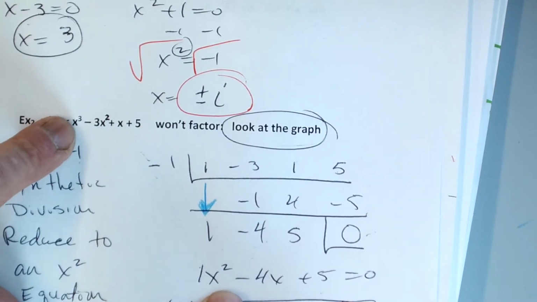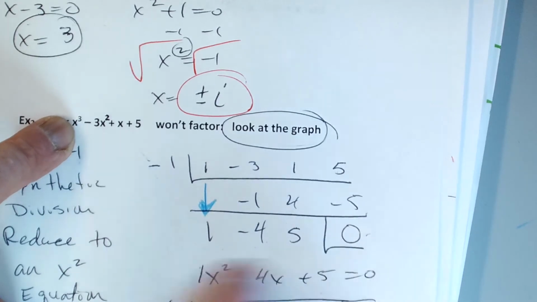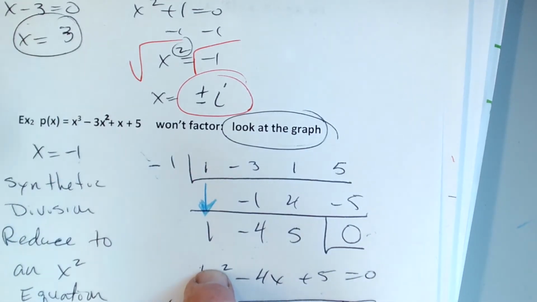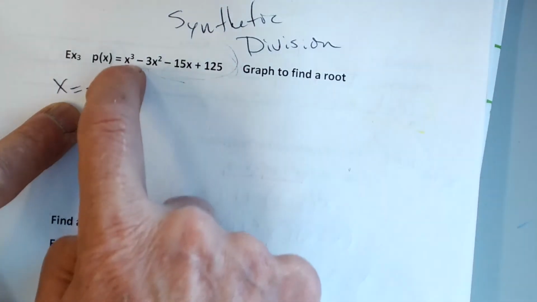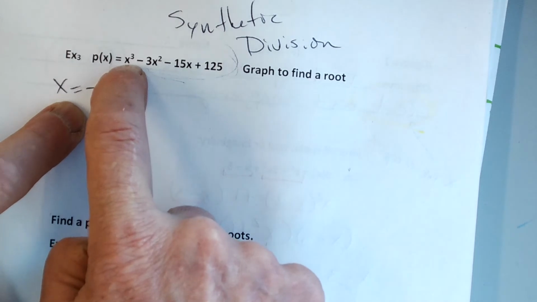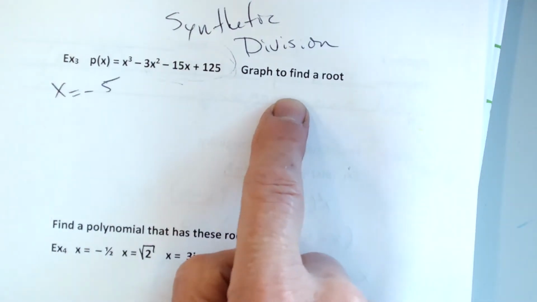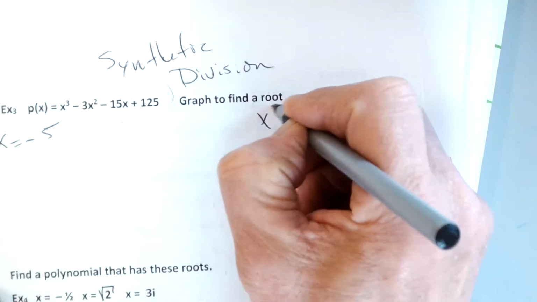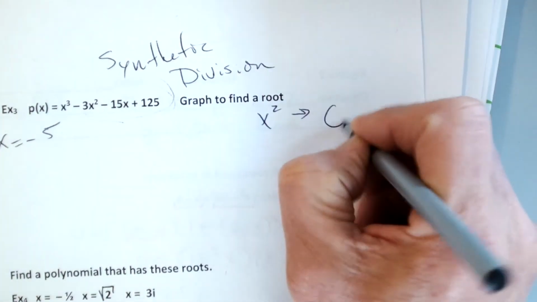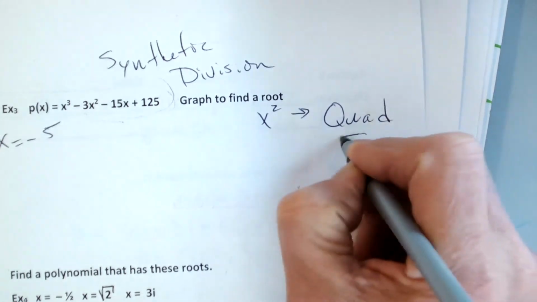When we used synthetic division, we reduced it to an x squared, because that's how synthetic division works, okay?